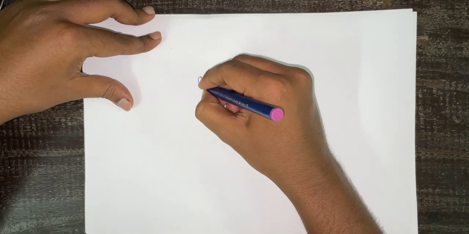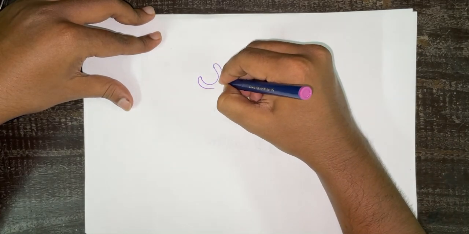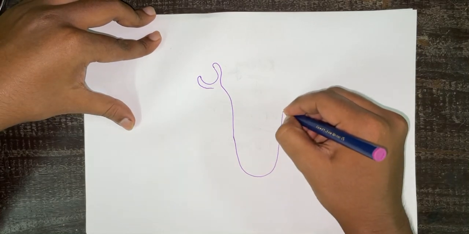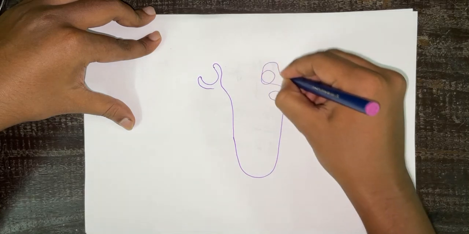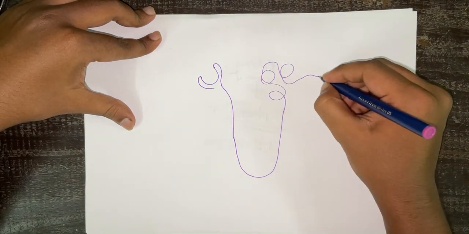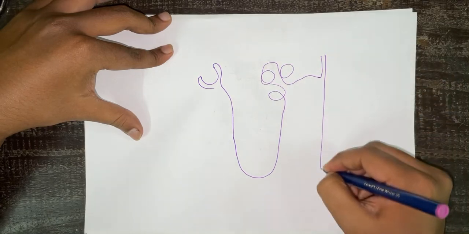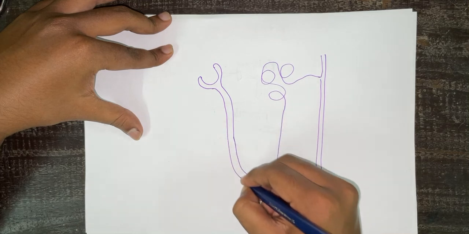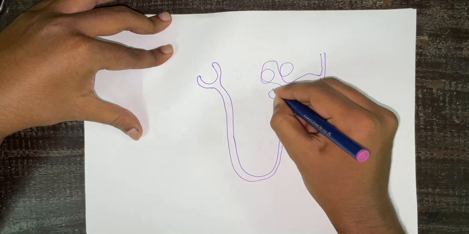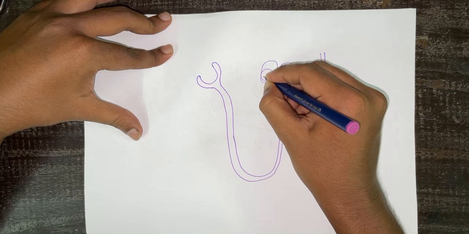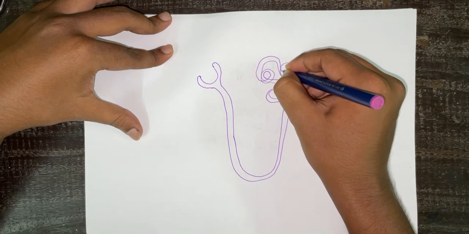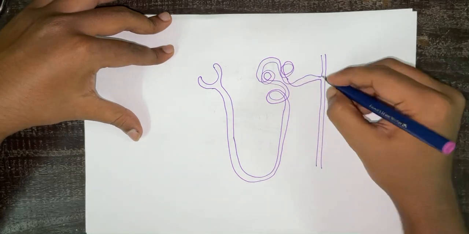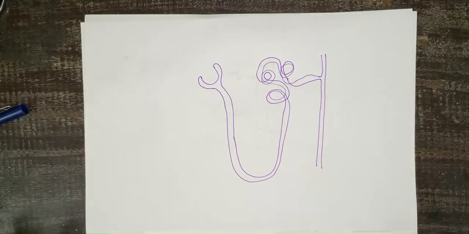Now this Bowman's capsule is connected to a long tube, which is very entangled and then joins to a pipe called the collecting duct. So it's something like this, a very basic structure.